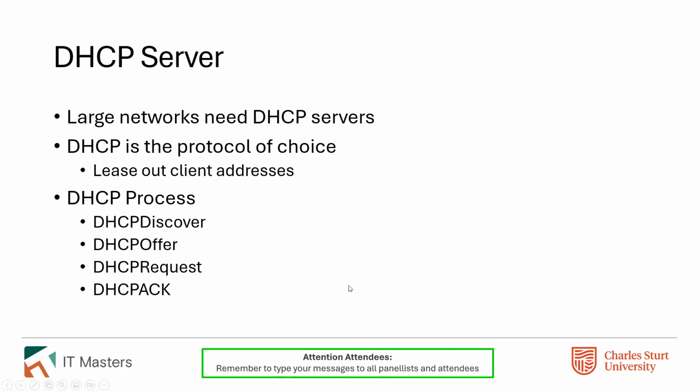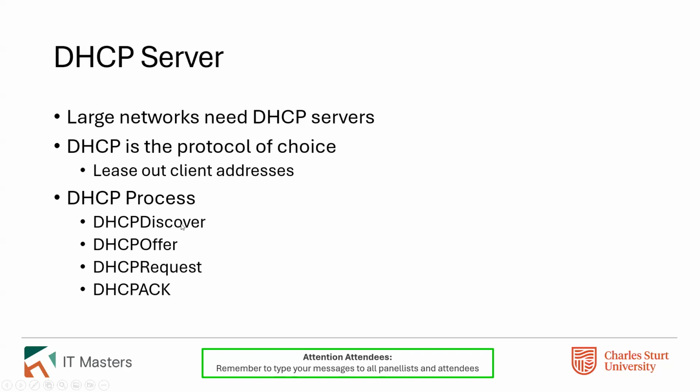Now, the reason for this 4-stage discussion is because you might, in a very large network, have more than one DHCP server. You might do that for redundancy purposes. You might have a very highly available network that you absolutely need to have things working all the time. And you might have 2 DHCP servers that respond at slightly different times.